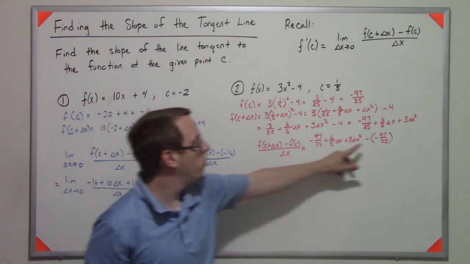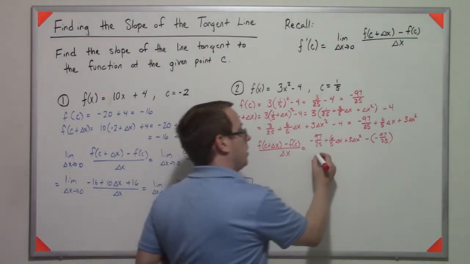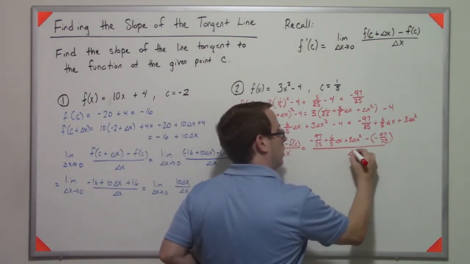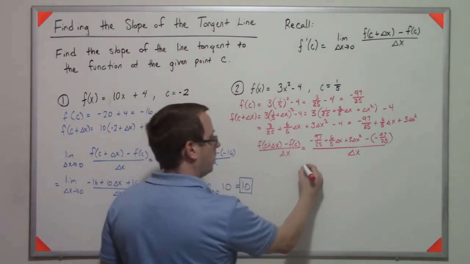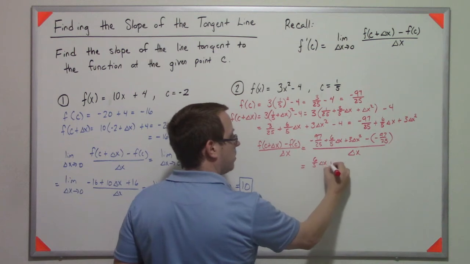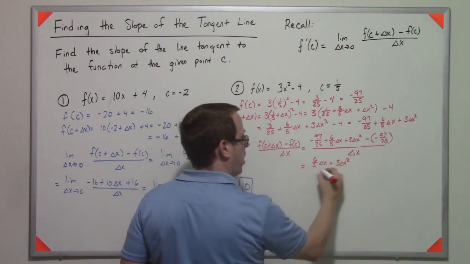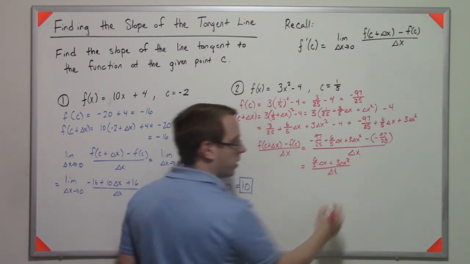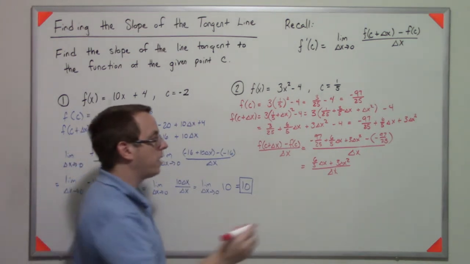This term and that term cancel. So now you have 6/5 delta x plus 3 delta x squared over delta x, which we're then going to factor.